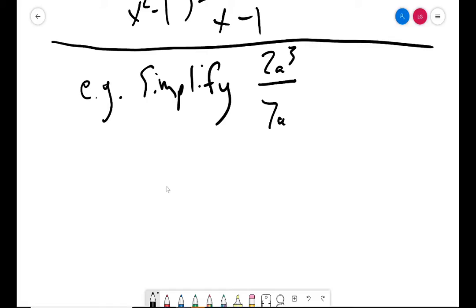But if a is 5 in the top, it's also 5 in the bottom. We're trying to establish that because we're using a in both places, whatever value a takes, it takes in both places. So although a changes, the relationship between an a on the top and an a on the bottom will be maintained, right? So 5 over 5 or 10 over 10 or 15 over 15, right?